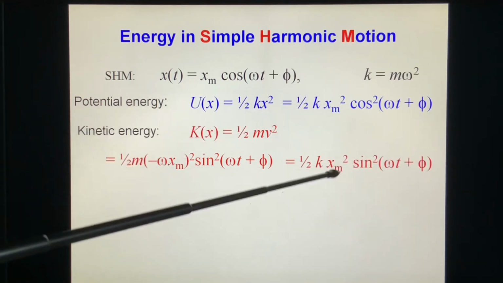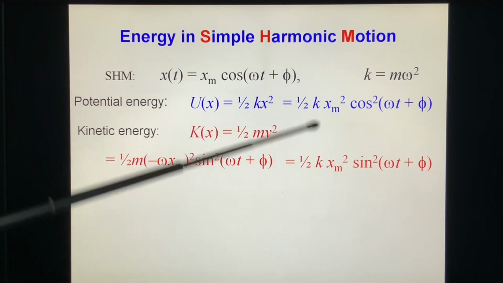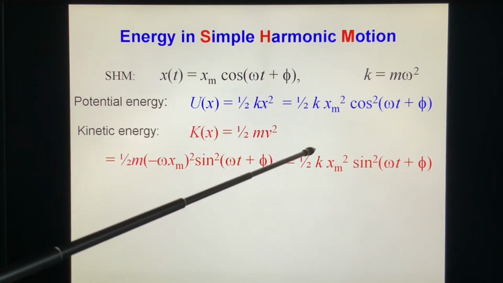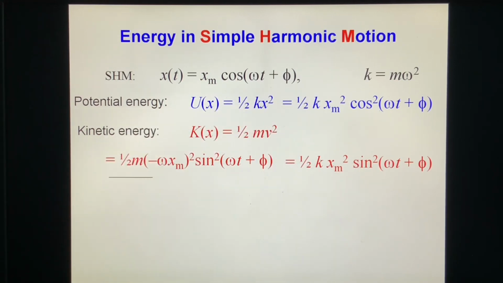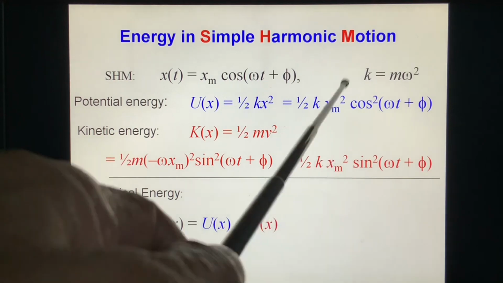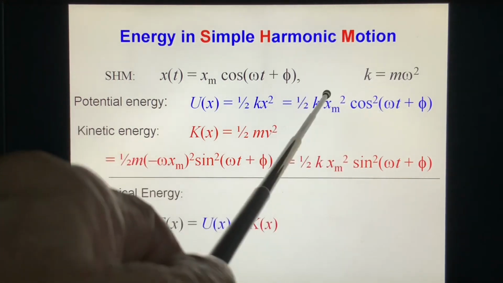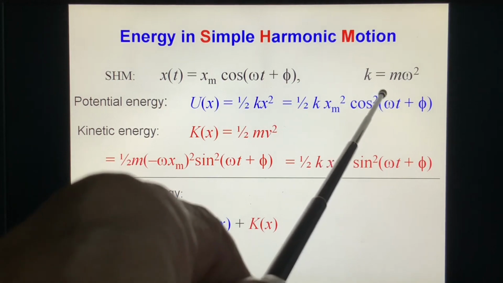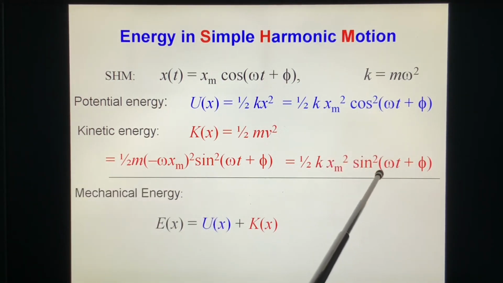Potential energy, kinetic energy. We look at this one, the coefficients are the same. So we put them together, and we get the mechanical energy. The mechanical energy E is equal to U plus K. We put them together, take this off, and cosine squared plus sine squared is 1.